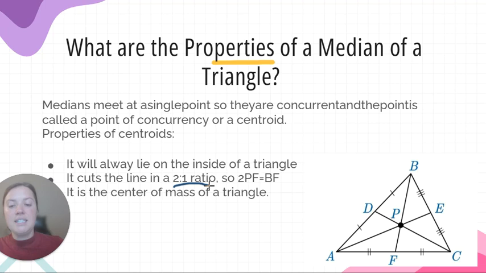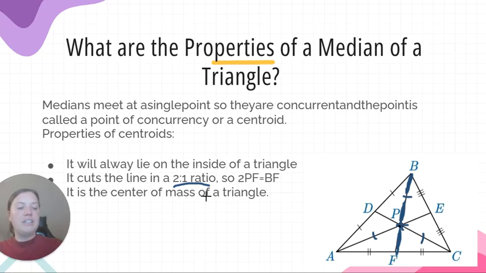And it cuts our lines into ratios of 2 to 1. That means that basically 1/3 of the line is going to be on one side of the centroid, and then 2/3 of it are going to be on the other side. So here, right, the centroid cuts this one into thirds, it cuts this one into thirds, and then it cuts this one into thirds as well.